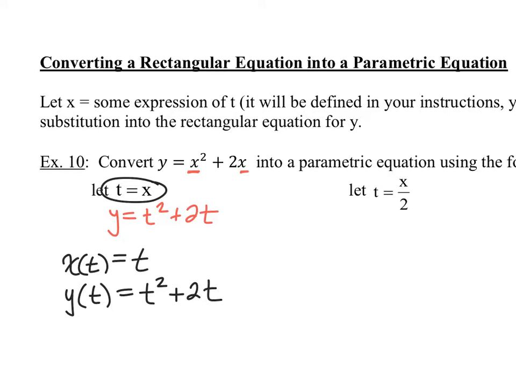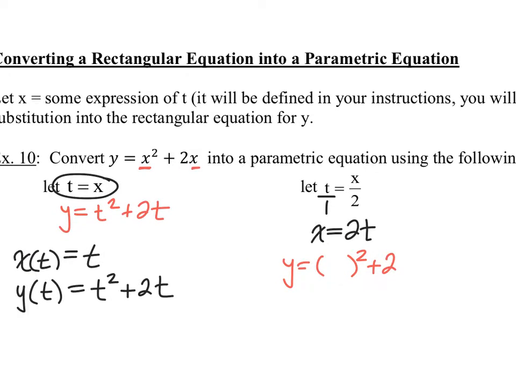All right. In the second case, if I cross multiply, I get x equals 2t. And then I can pop that in. y equals (2t) squared plus 2 times (2t). And again, just take note of whether a question asks you to simplify or not.